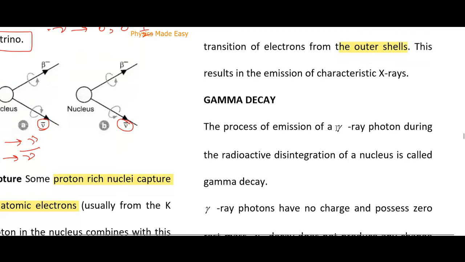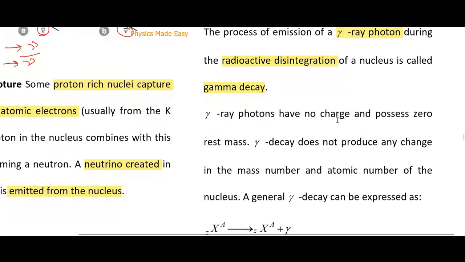The next is gamma decay. The process of emission of gamma ray photon during radioactive disintegration of the nucleus is called gamma decay. Gamma ray photon has no charge, possesses zero rest mass. It is just energy. Gamma ray does not produce any change in mass number or atomic number.